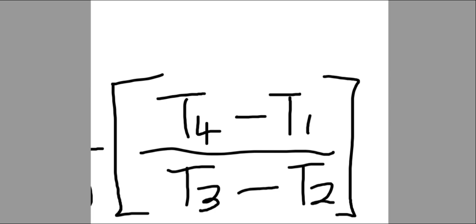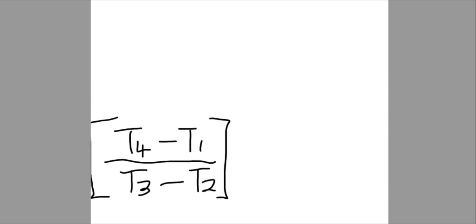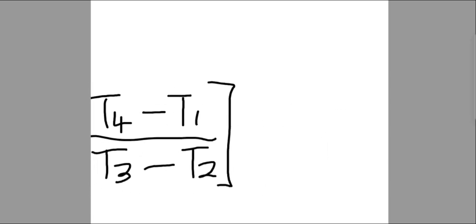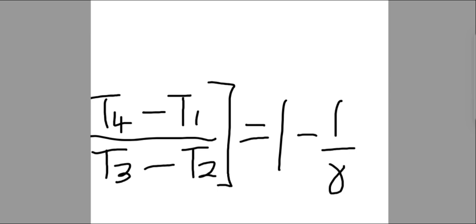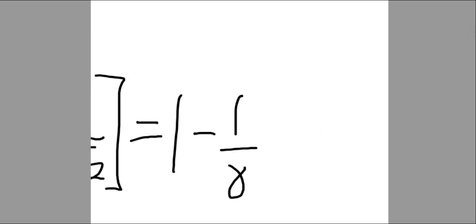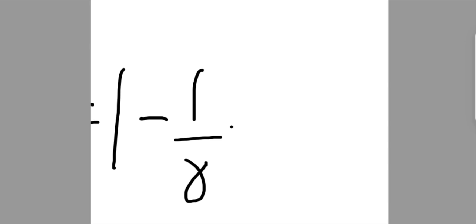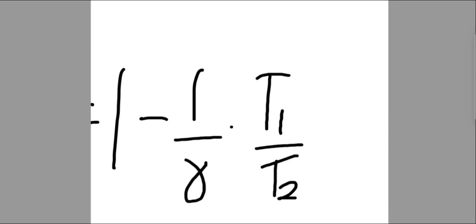So if we factor them out, we are going to have something like this. We have our 1 minus 1 over gamma here, multiplied by, which is just a dot here, multiplied by. Now if we factor out T1 from the upper one and T2 from the lower one, we can open our bracket.